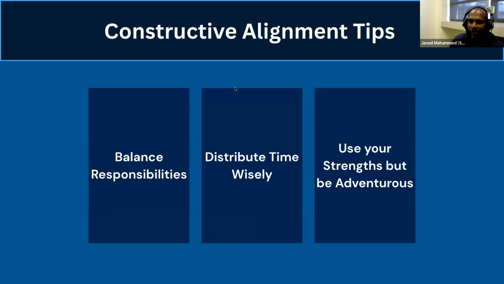Take into consideration that your students may not just be doing your one course, or if they're adults already working, going to a class is not the only thing they have going on in their life. So while keeping things aligned, distribute time wisely, but use your strengths and be adventurous. Draw on the things that you're comfortable with, but engage in new learnings, new tools and technologies, AI tools, etc.